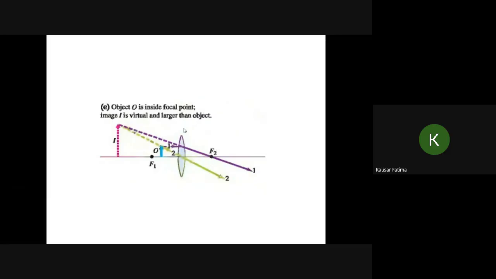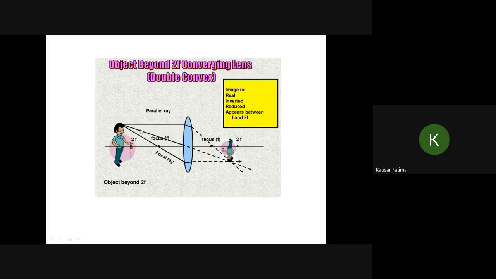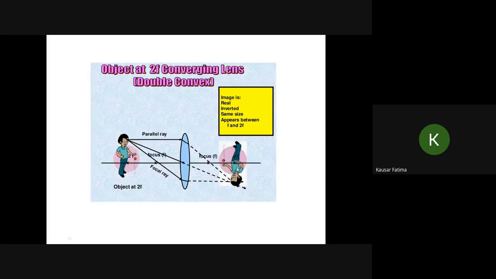One more series of diagrams. See, this is the child standing beyond 2f, the image forms between f and 2f, an inverted real image. Object at 2f, the image is also at 2f on the other side, the same size as the object, real and inverted.